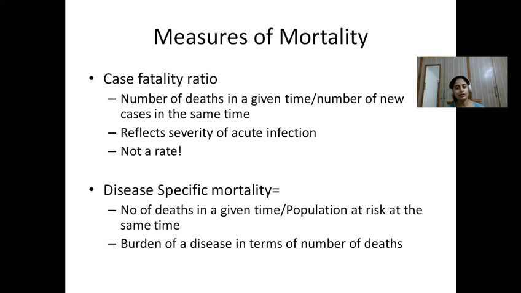And remember, it is not case fatality rate, it is a ratio because time does not factor in the denominator. Compare this to disease specific mortality, in which the numerator is still the number of deaths in a given time, but the denominator is the population at risk at the same time. So it gives us the burden of the disease in terms of number of deaths. And this is different from case fatality ratio by its denominator.